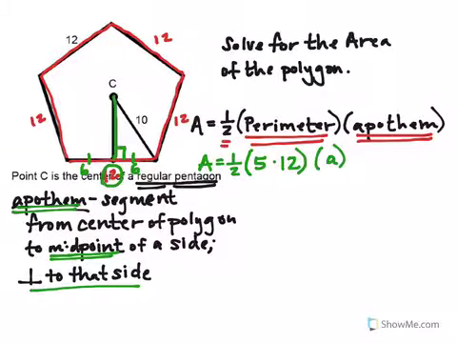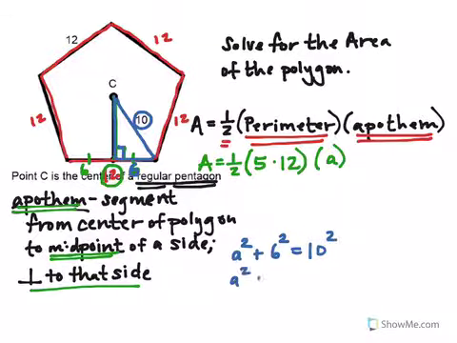We need to solve for that apothem, and notice that the apothem here is a side in a right triangle, which we now know has another side length of 6 and a hypotenuse of 10. So we can use the Pythagorean theorem here to solve, where we say the apothem squared plus my short side squared is equal to the hypotenuse squared, and we can solve from there.